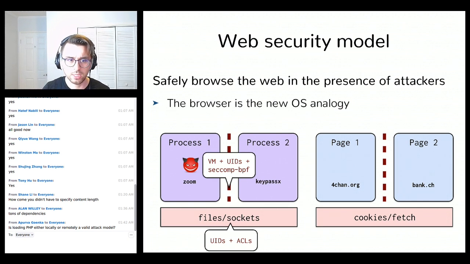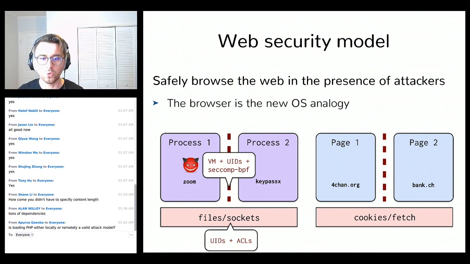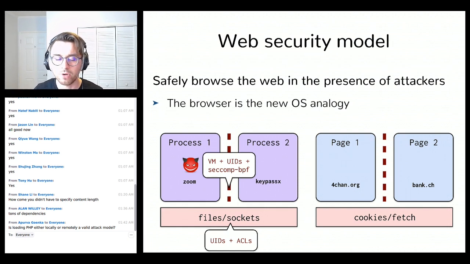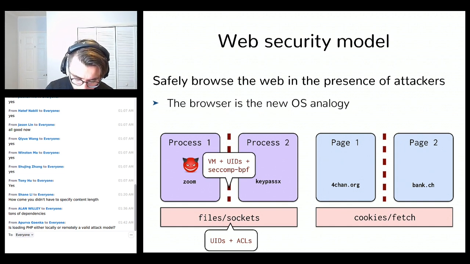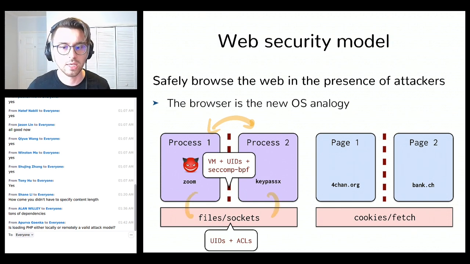Now, in the OS world, we have UIDs, seccomp-BPF, virtual machines, virtual memory, and file ACLs, and again UIDs that come into play when we're trying to access different resources, right? So between these two, we have virtual memory plus UIDs. Between this and this, we have UIDs and ACLs, right?